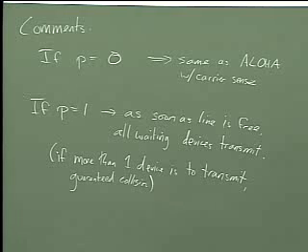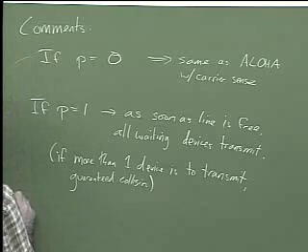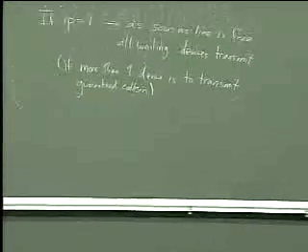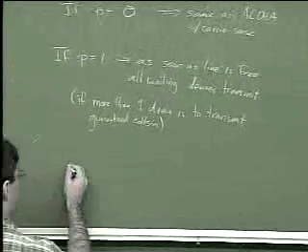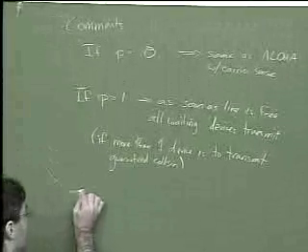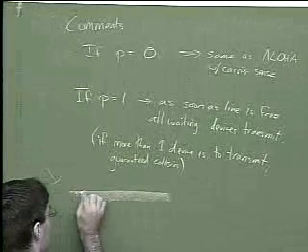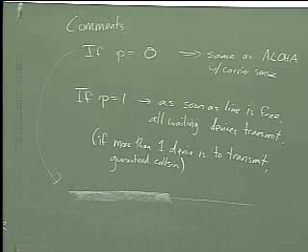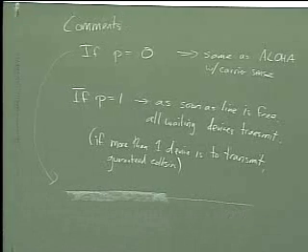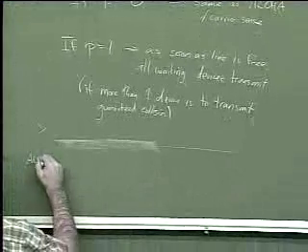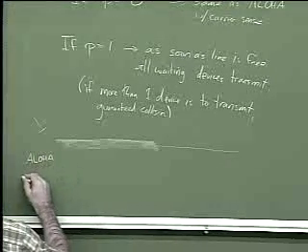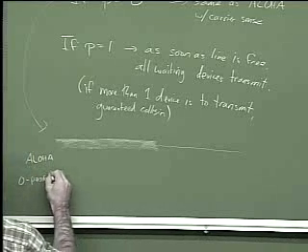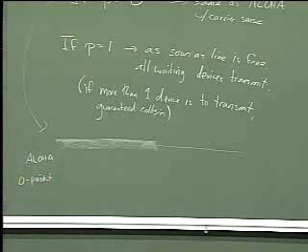Okay, and the only other comment I wanted to make is when P is 0. Why is this just like aloha? I mean, it's a slightly different scenario, but why does it not matter? So here's the line being used, okay, and then the line goes quiet, right? And let's say I've got a device running the aloha protocol, and a device running 0-persistent, right?